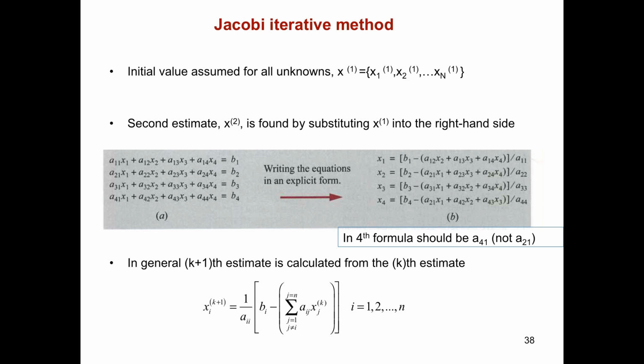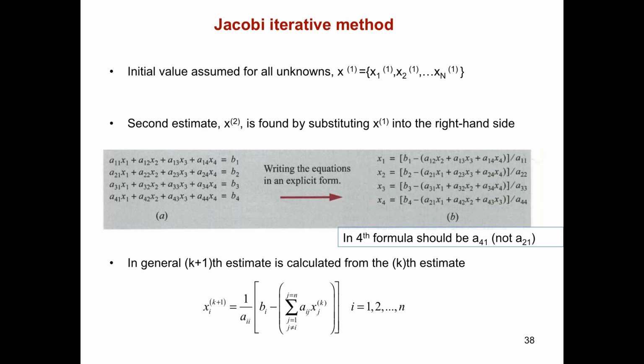So if I have iteration 0, I have four elements of that iteration: x1, x2, x3, x4 at my initial guess. When forming the next iteration vector, I use these formulas. If the x's I use are all from that initial guess, then I have a Jacobi method.